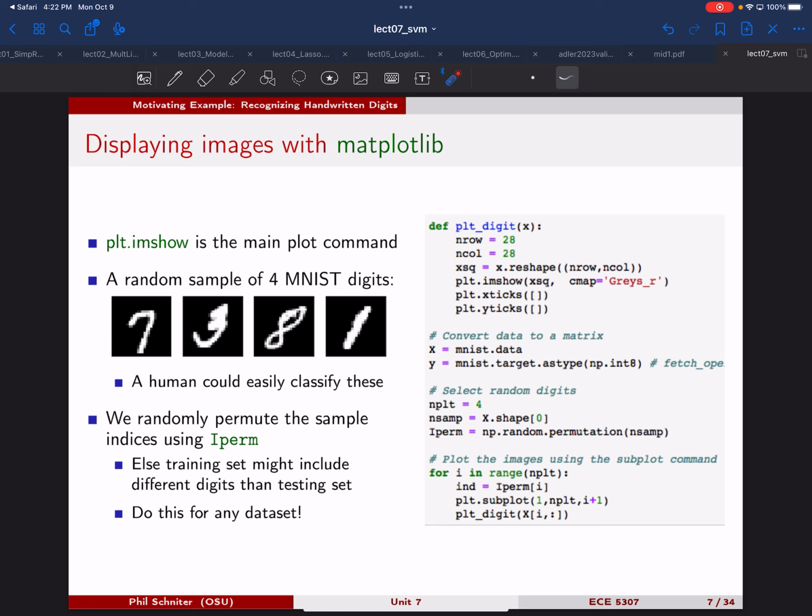So we're going to do this random permutation, and then use that to shuffle all of our data, and we can just pull out the first 10,000 and work with those instead of all 70,000 just to save time. And because we shuffled, we know that we have a pretty good representation of all the digits in random order.